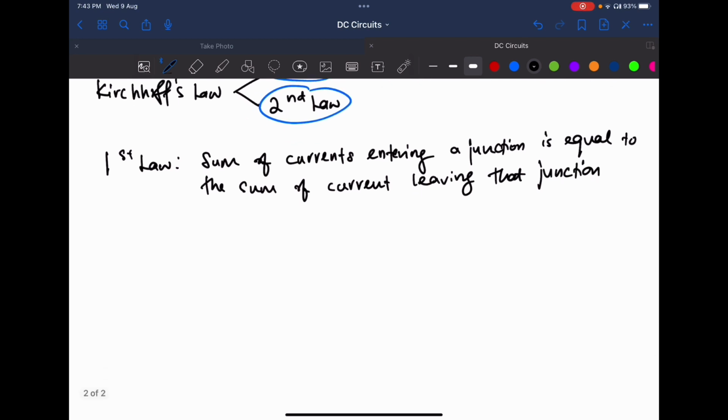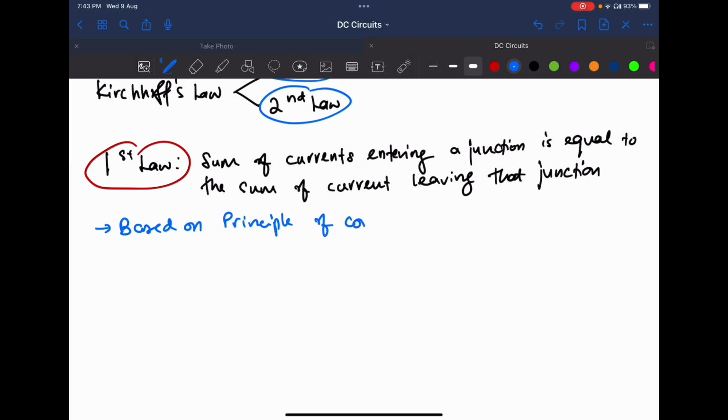So this is based on the principle of conservation of charge. Okay.